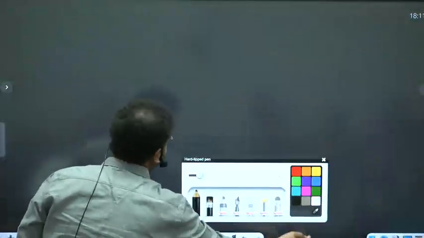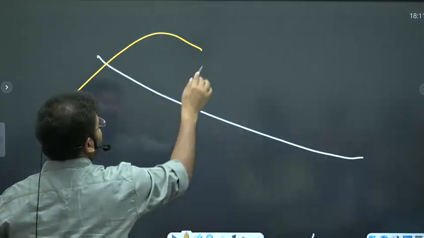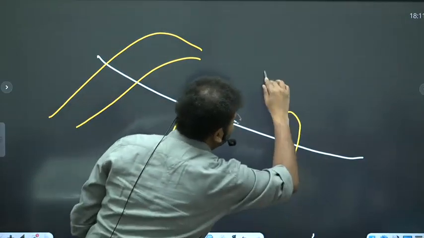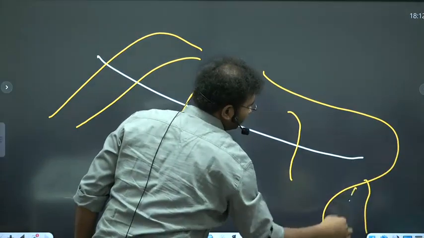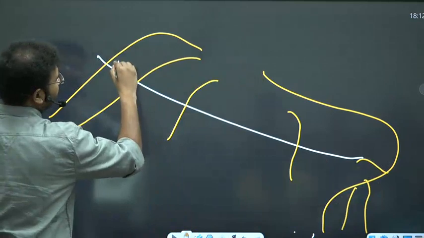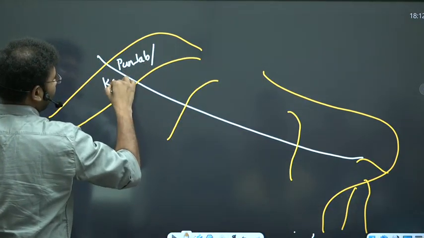If you want to divide the Himalayan ranges like this, the first river is Indus, followed by Sutlej. You'll have Kali, Tista, and Brahmaputra. Right? So they are called Punjab or Kashmir Himalayas.